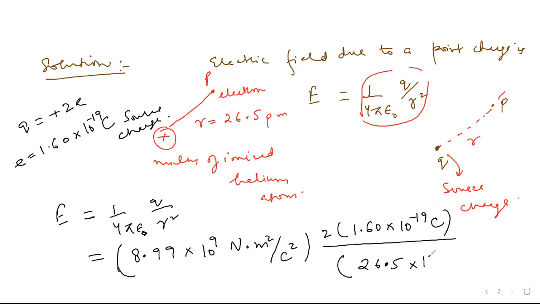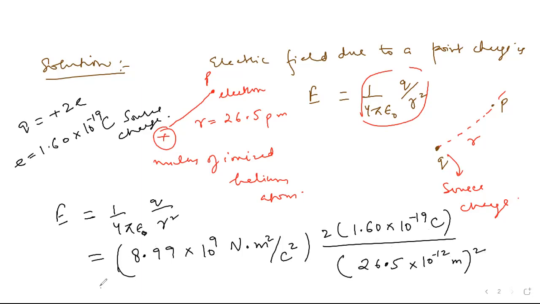Now we convert it into meter, so I write 10 raised power minus 12 meter whole square, right? 1 by 4 pi epsilon naught q by r square. Value of constant 1 by 4 pi epsilon naught is 8.99 into 10 raised power 9 Newton meter square per coulomb square. Then we have Q, 2e, 2 times e is 1.60 into 10 raised power minus 19 coulomb. Then in the denominator we have r square, which is 26.5 picometer, so we convert it into meter. We write it 26.5 into 10 raised power minus 12 meter, and there is square.